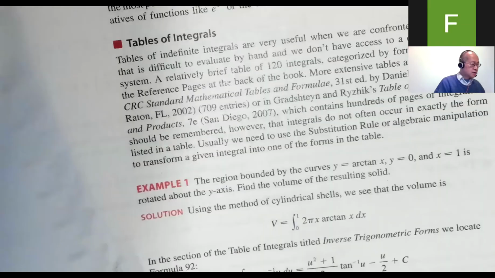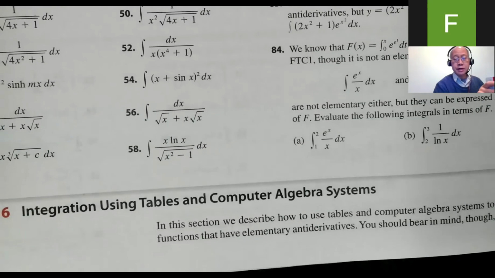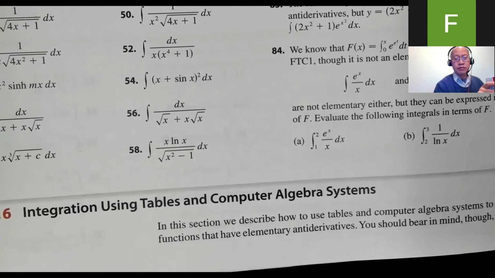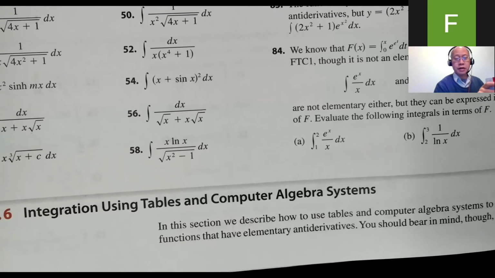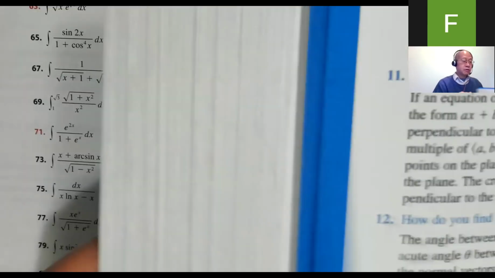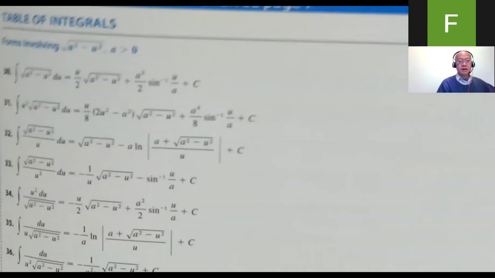7.6, integration using a table and computer algebra systems. That means just let your calculator or your computer do it. Well, this is not a computer course, so that's why I'm skipping that. Integration using a table: the back of the book has this whole big table of integrals. It might take me a while to find it. Not sure if it's worth it now.